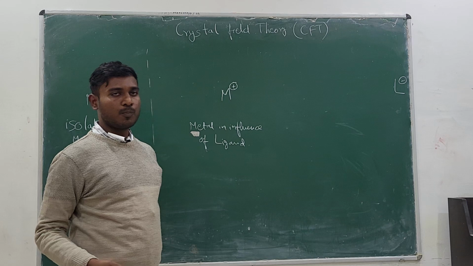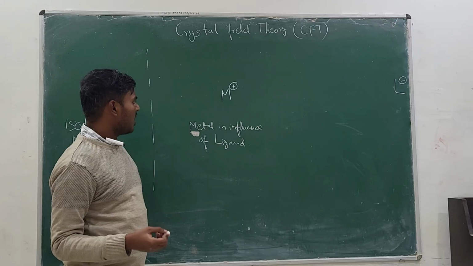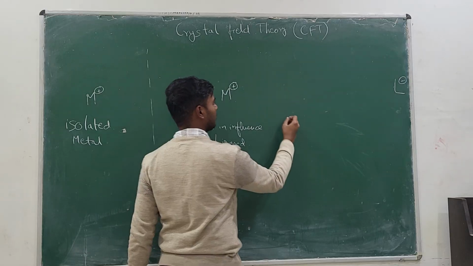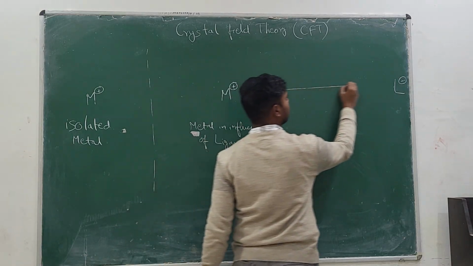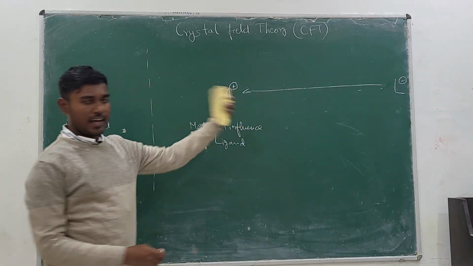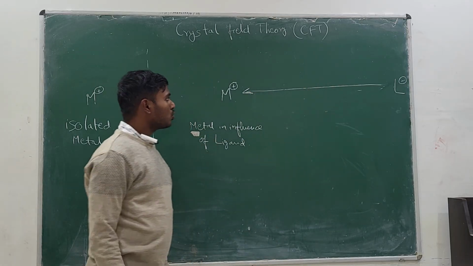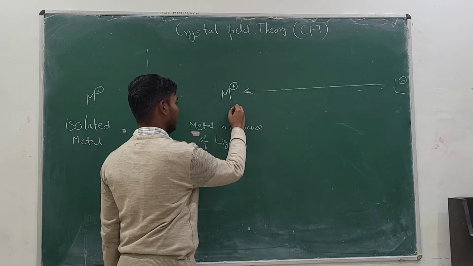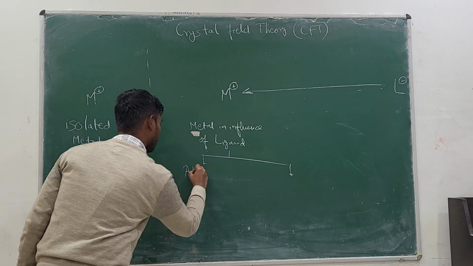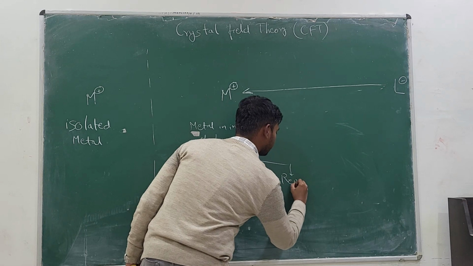So when the ligand is approaching our metal, the metal experiences two types of forces. This ligand is approaching the metal from far away. The metal experiences attractive forces and repulsive forces.